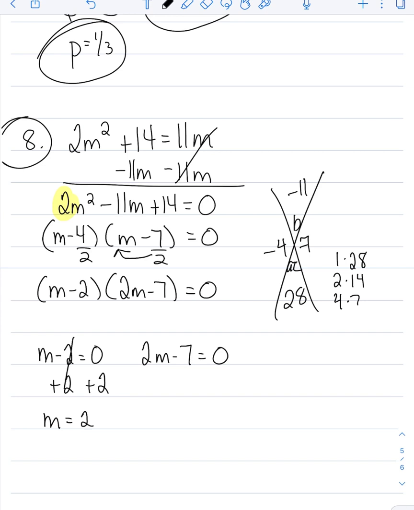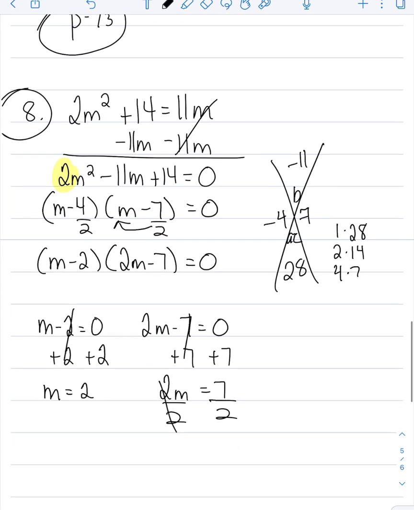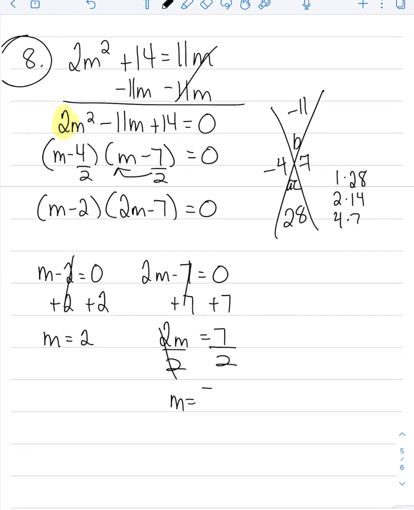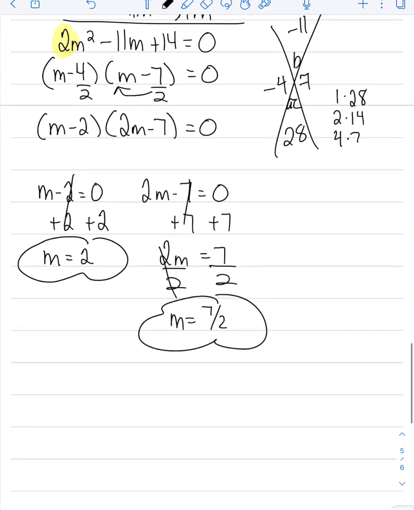So our first zero or first solution is 2. For this one, I want to add 7 to both sides. So 2m equals 7. Divide both sides by 2. And my second zero is 7 over 2. Or if you want to, you can write 3.5. I prefer fractions, and that's usually what you see in math.